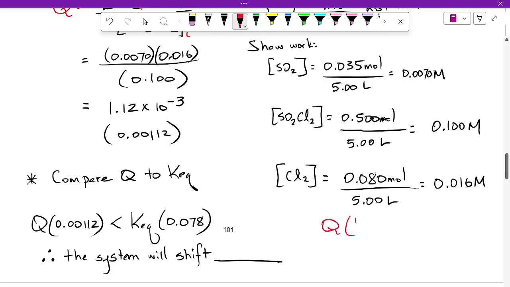Q, which is products over reactants, is too small. So what do we need to make more of? Need to make more product.